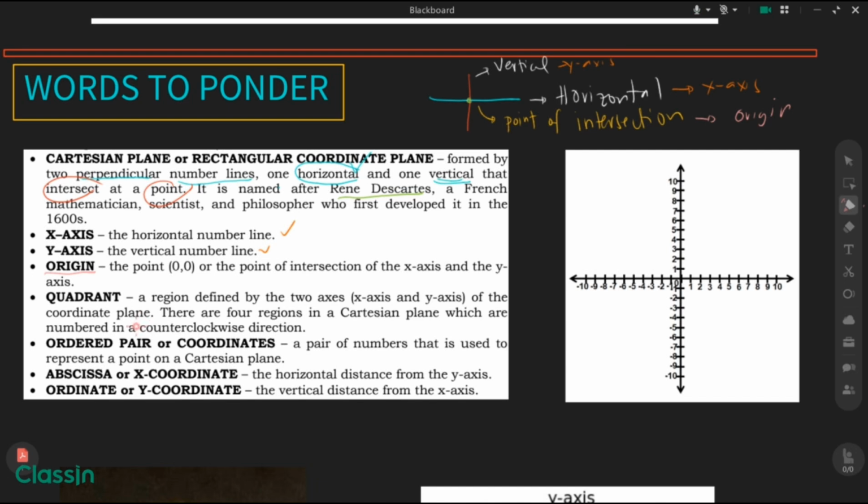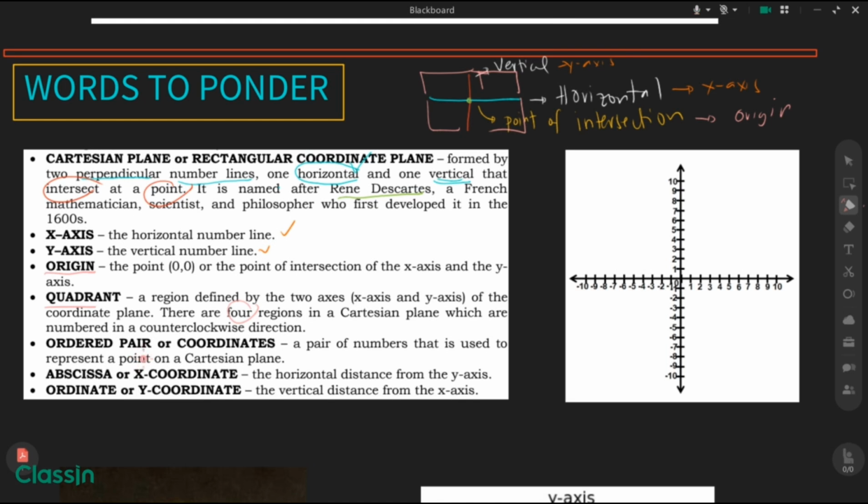And we have the quadrant. A quadrant is a region defined by the two axes, x and y, of the coordinate plane. There are 4 regions in a Cartesian plane which are numbered in a counterclockwise direction. So these are the quadrants. Again, we have 4 regions.